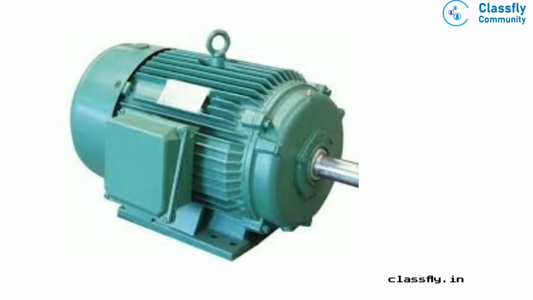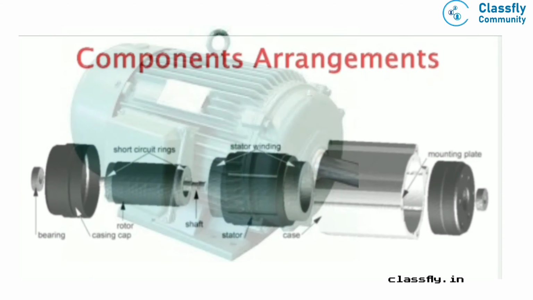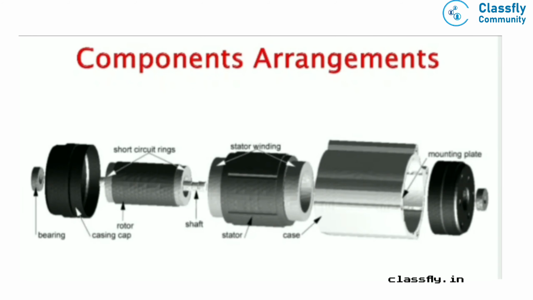The most important thing is that the three-phase supply is given to the stator and it doesn't have any motion. The rotor has only the rotating facility, but it doesn't have the three-phase supply. See, here is the arrangement of the components.